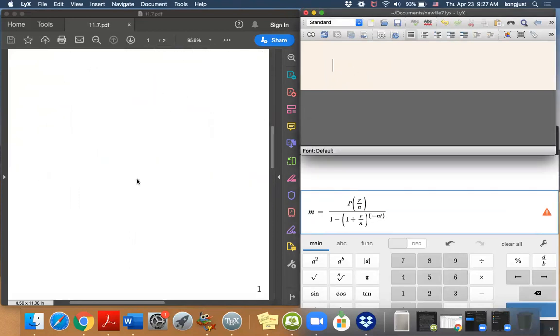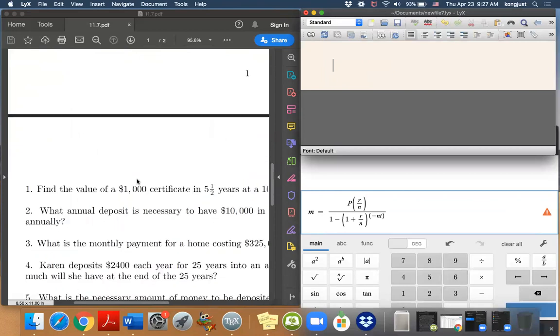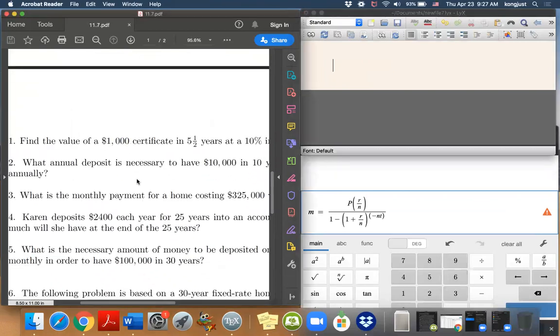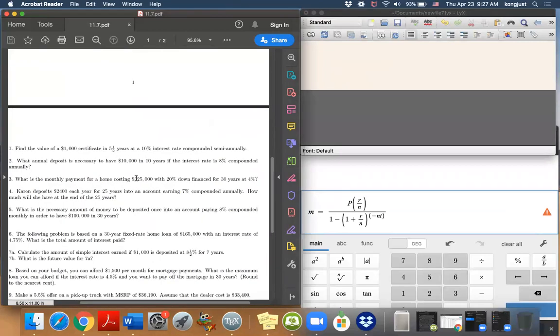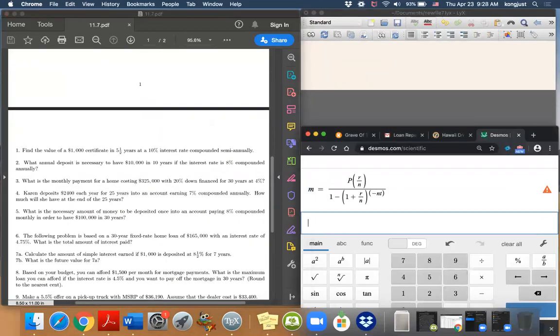Okay, so let's look at what our variables are now, what the numbers actually are. Just remember, there's an extra step because there's a 20% down payment first. So we want to start by taking that 325,000, multiplying by 0.20. That's the down payment. So you subtract that from the original.